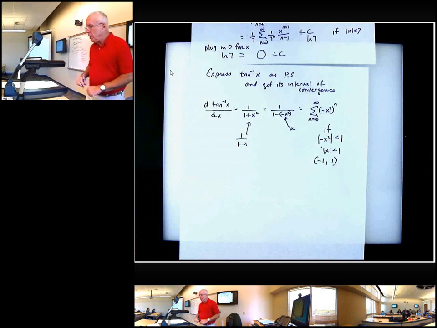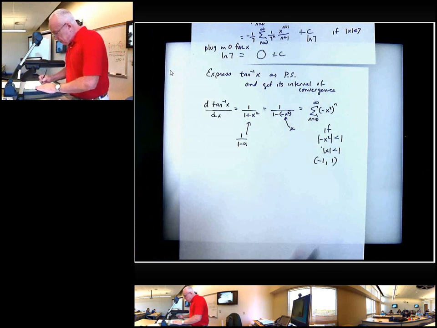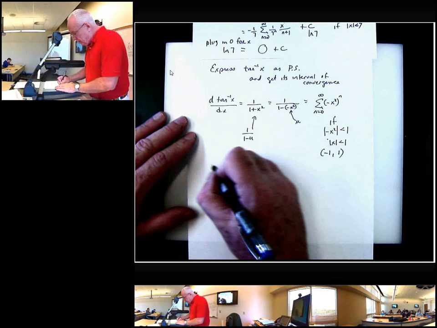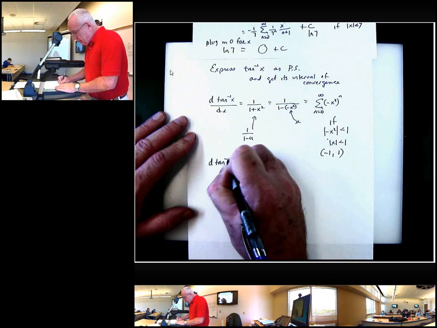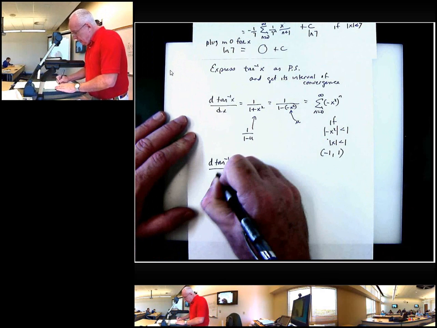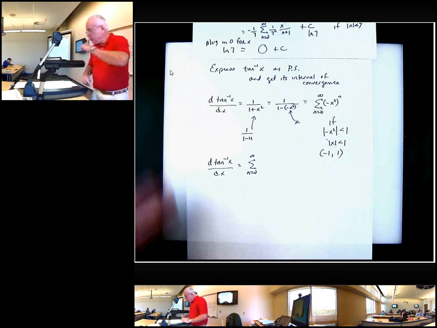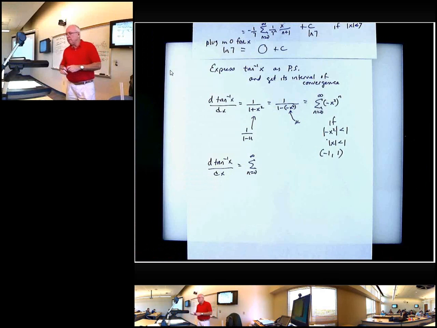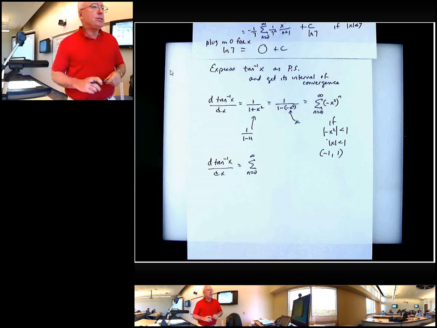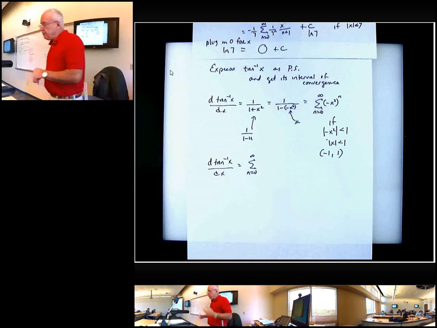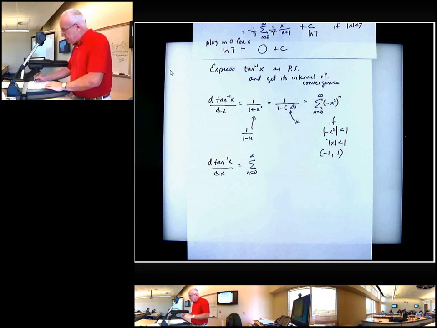Okay? All right. So we've got this fact here. The derivative of the tan inverse of x is this power series. And I think right now I'm going to do a little fiddling with this thing just to make getting my derivative a little bit easier.